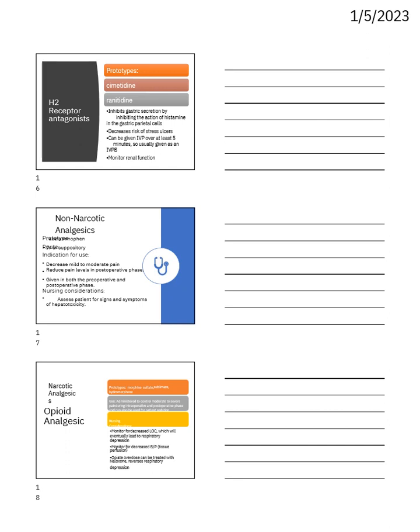Slide 17. A common non-opioid analgesic administered in the pre- and post-operative phase is acetaminophen or Tylenol, which can be given IV or via suppository. This medication will treat mild to moderate pain. Since acetaminophen is hepatotoxic, affecting the liver, we must assess liver function labs.